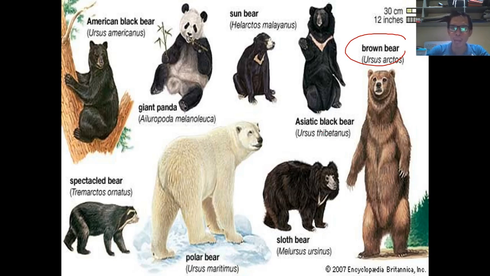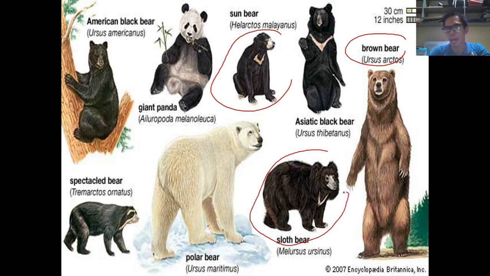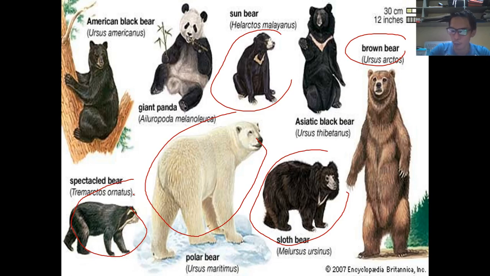There are a lot of types of bears, which eat different types of food. For example, the sun bear eats termites and ants, and the sloth bear eats plants. The polar bear lives in the Arctic region. The spectacled bear eats fish and more plants, and some American black bears eat fish as well.